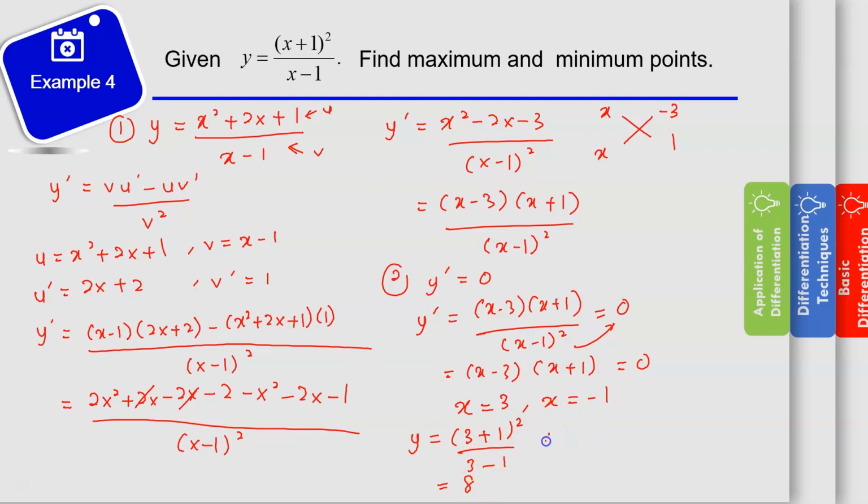And for x equal to negative 1, y equals (negative 1 plus 1) squared over negative 1 minus 1, so you get the answer 0. So our turning point for the first one is (3, 8), and for the second one is (negative 1, 0). So these are the 2 stationary points for this example.